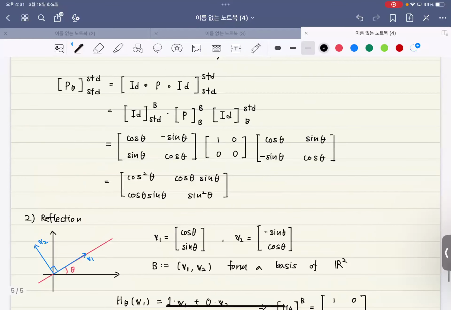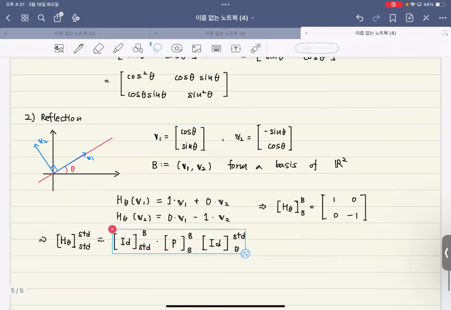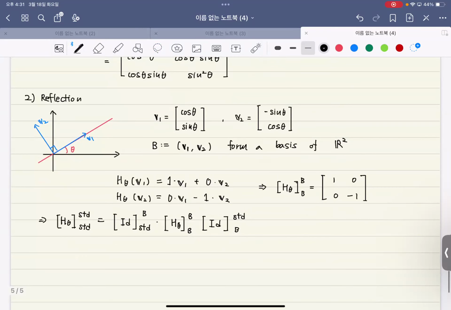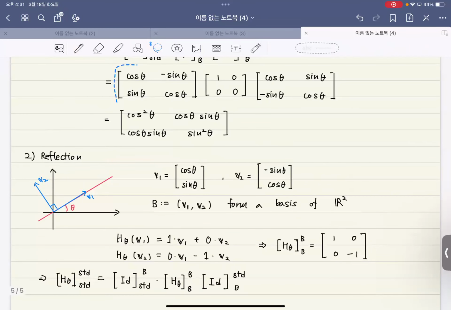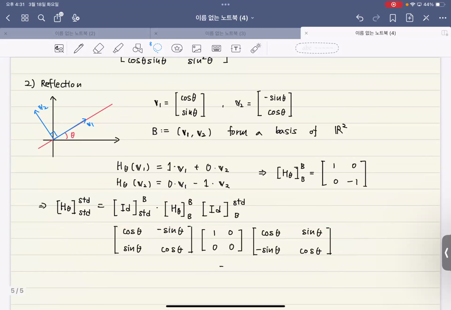Then, which is this, okay? And which is this, okay?